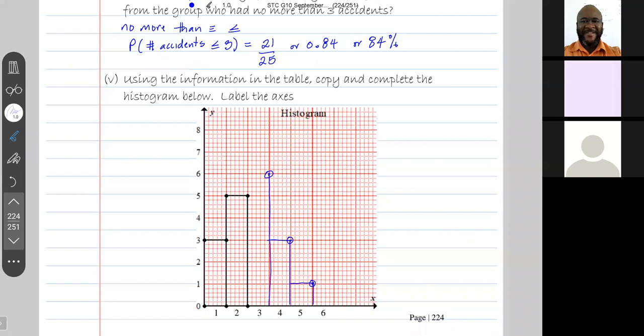All right, and this is what your histogram would look like.